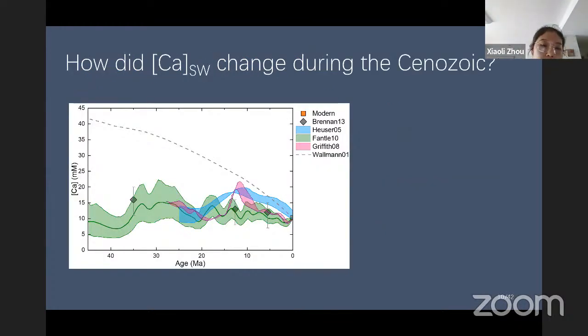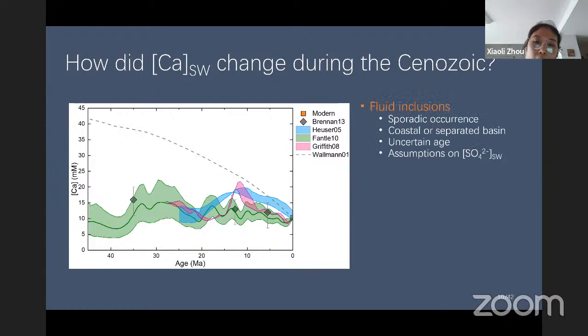There have been several other proxies that have estimated calcium in the Cenozoic. For example, the most widely cited record is from fluid inclusions. However, there are several drawbacks. First, the distribution of fluid inclusions is very sporadic, so we only find 3 data points over the whole Cenozoic.